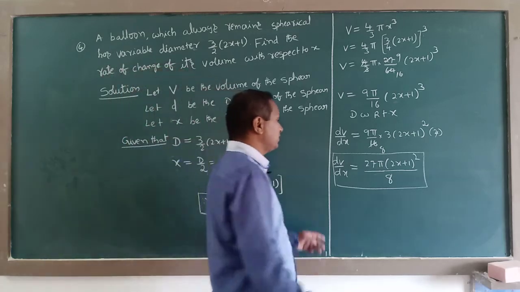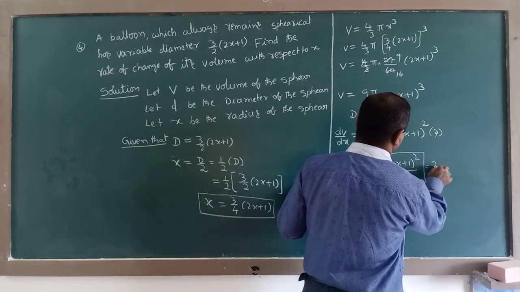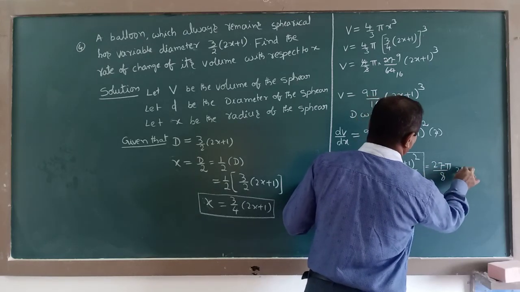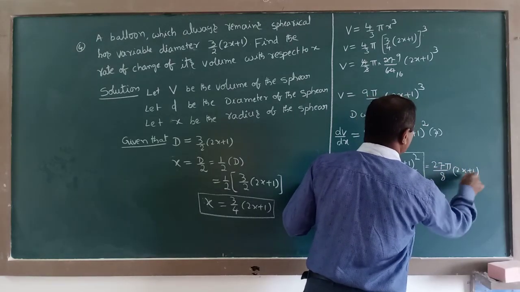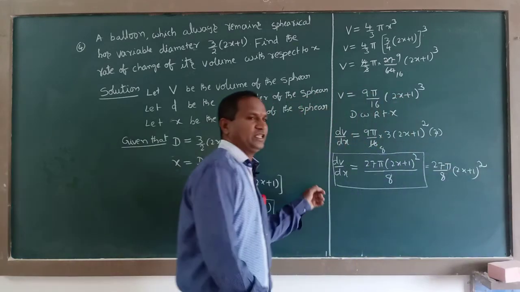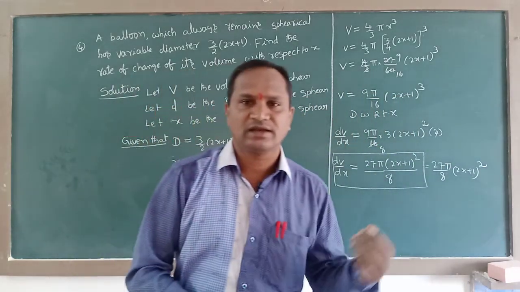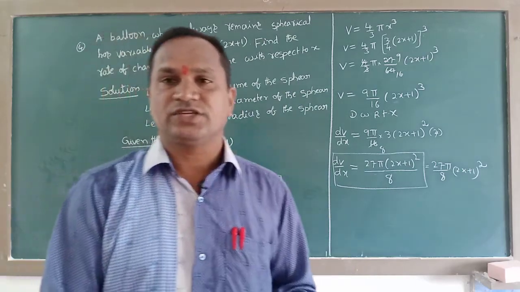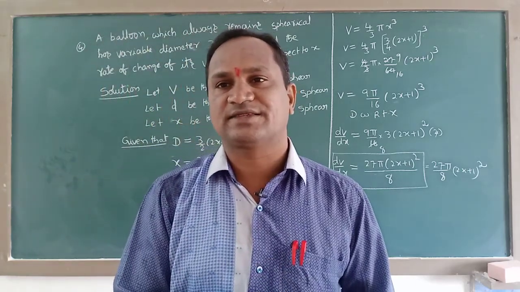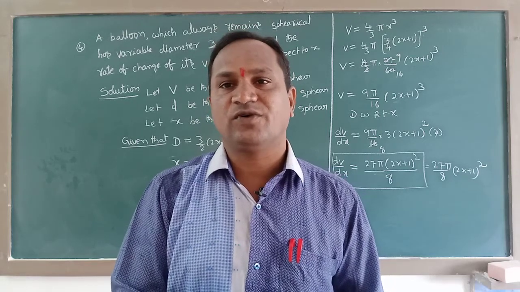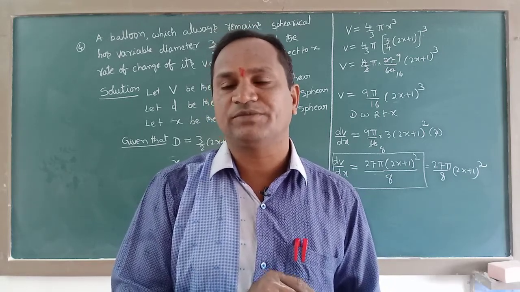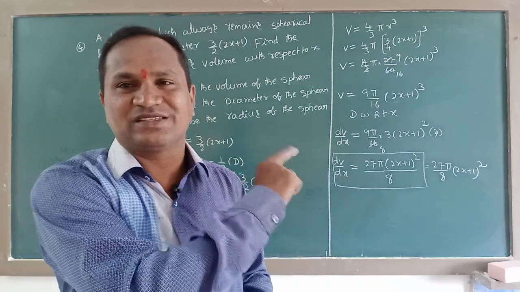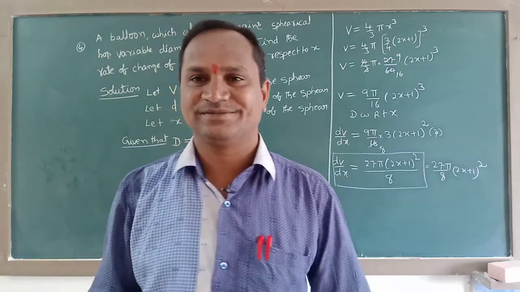Like that also we can write it, no problem. 27 pi by 8 into (2x plus 1) whole square. In this way also we can give the answer. Like that, here we are finding the rate of change of volume with respect to x. The rate of change of volume with respect to time, there is no time here. With respect to x only they are asking, so we gave the answer with respect to x here.